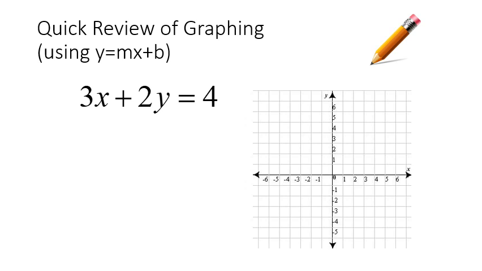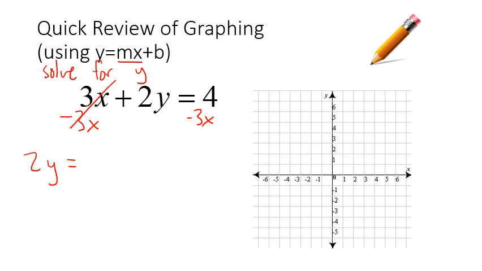Let's get this equation into slope-intercept form. Okay, we need to solve for y. From there, we will be able to graph. First step is to get rid of our x's. That leaves me with 2y equals, notice in slope-intercept form, the x stuff is written first.